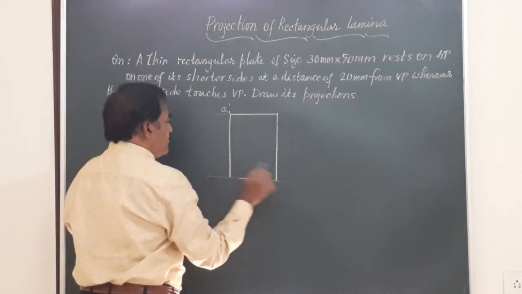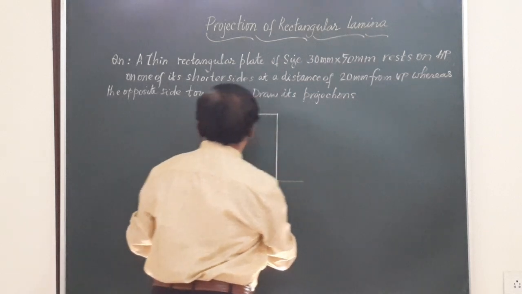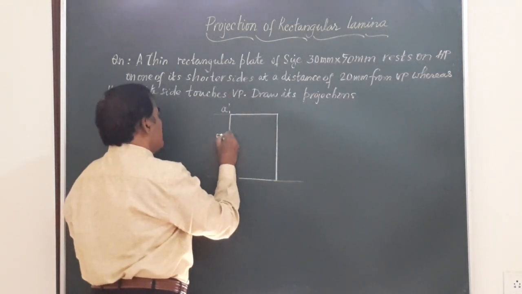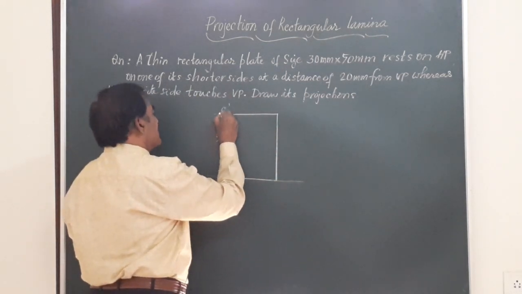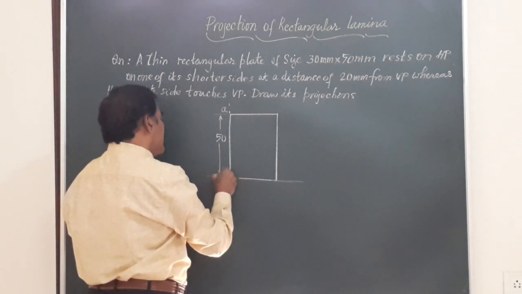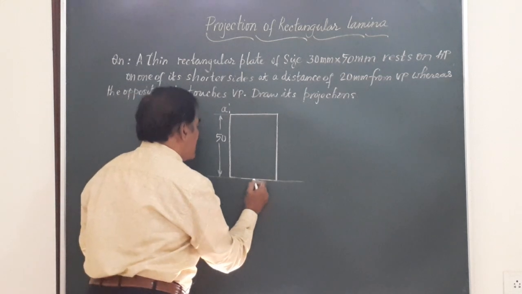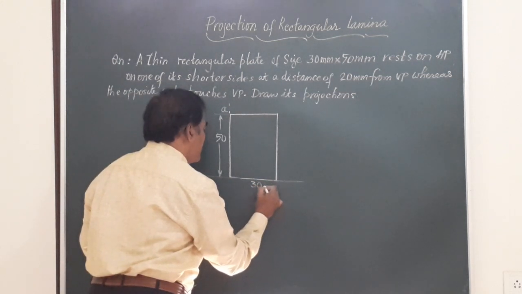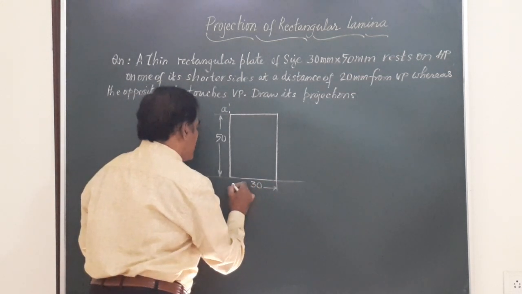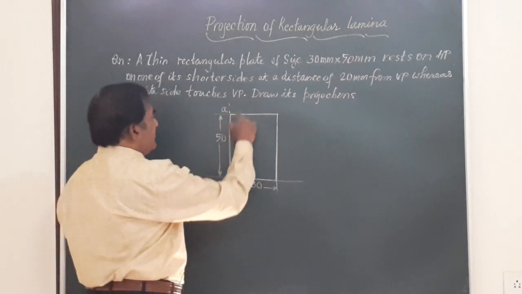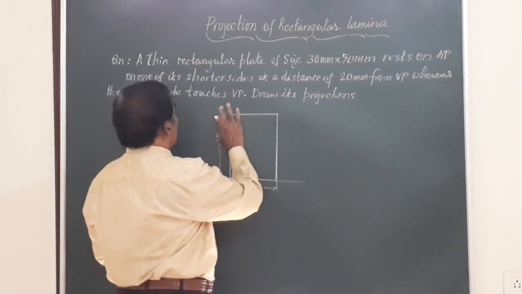This is a rectangle to start with. The marking I will do a little later. The front view, you know very well, is a rectangle having the shorter edge 30 mm, the longer edges measuring 50 mm. So, let me not mark anything.